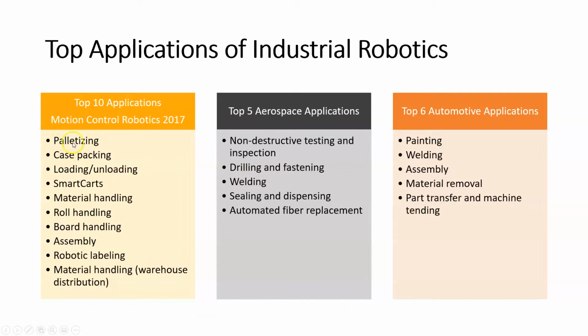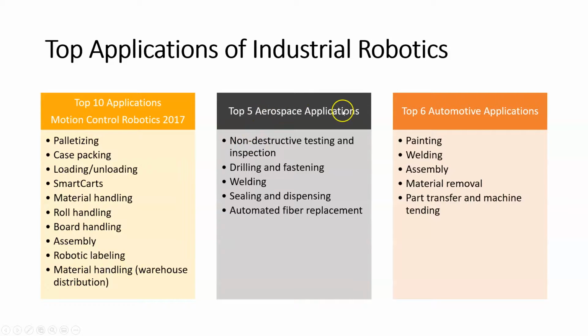And a robot is a perfect opportunity to take a human out of that dangerous, heavy environment and use a robot. Case packing, loading and unloading, smart carts, what we saw back before in Amazon, that's actually the 4th highest application for robots. Material handling, roll handling, board, so assembly, robotic labeling, material handling.